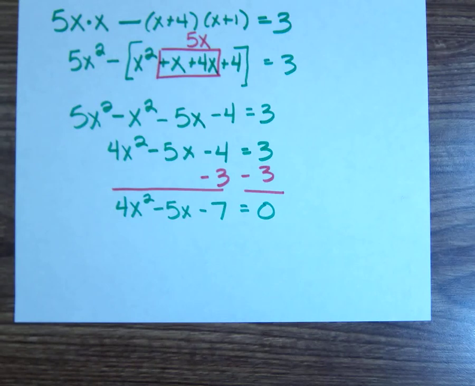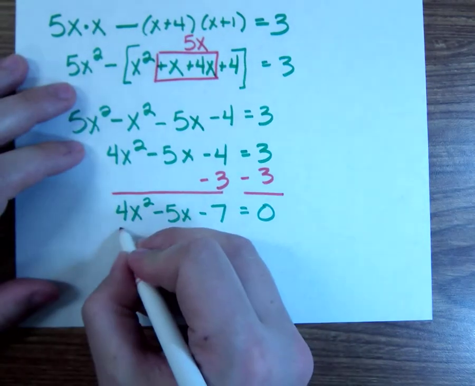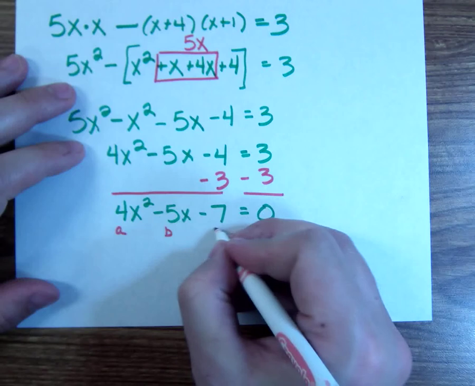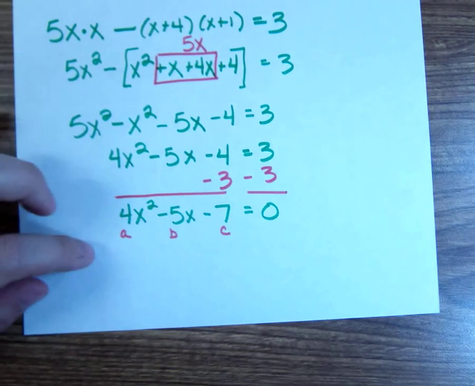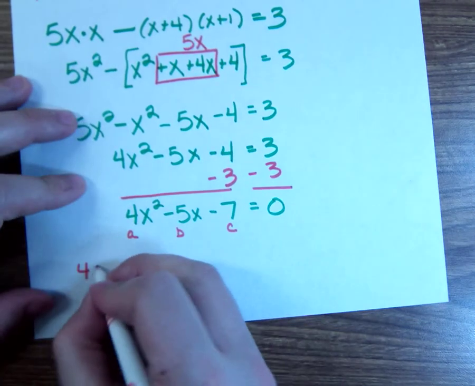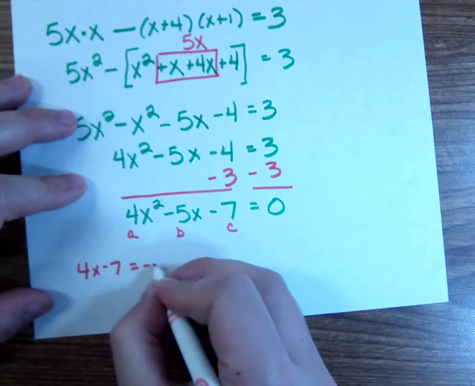Now, of course, my goal is always to factor if I can. This one's a little trickier. This is an ABC factoring problem. So A times C, 4 times negative 7, is negative 28.